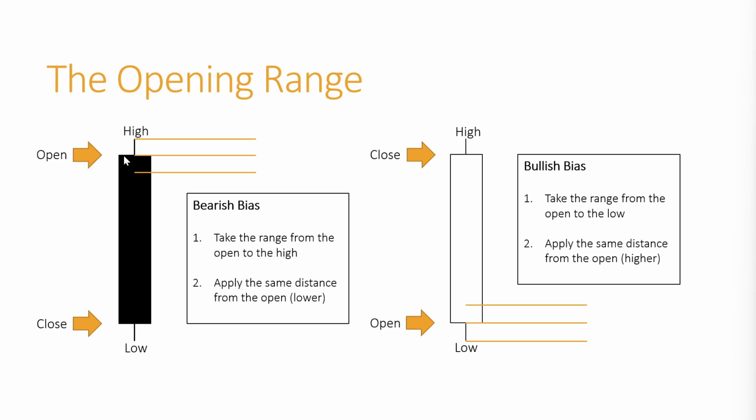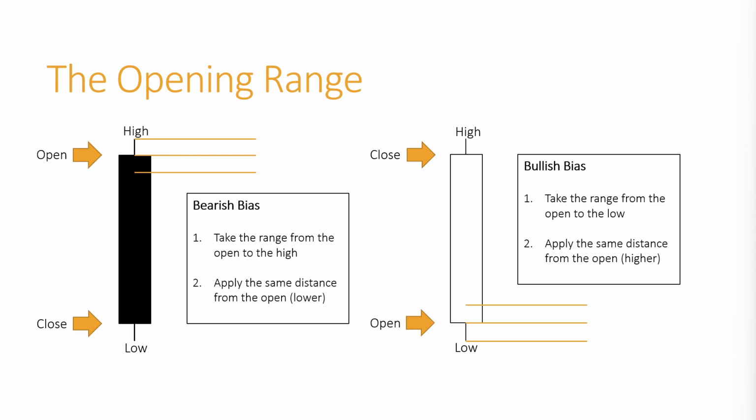And so the opening range is the distance between the open and the high. So we take that range and then we effectively double it. So we add that range from the open lower, and this gives us the total range. So we've effectively got this whole zone here to look for trade setups if we're anticipating lower prices. So remember, we're going into the market with a bearish bias, so we're expecting lower prices.